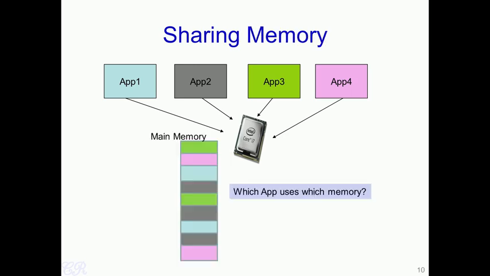Another important component in the computer system that needs to be shared among the various applications almost concurrently is the main memory. In order to execute, each of these applications needs to be present in the main memory, that is the RAM of the system. The operating system needs to ensure how this limited RAM resource is shared among the various applications executing on the system.